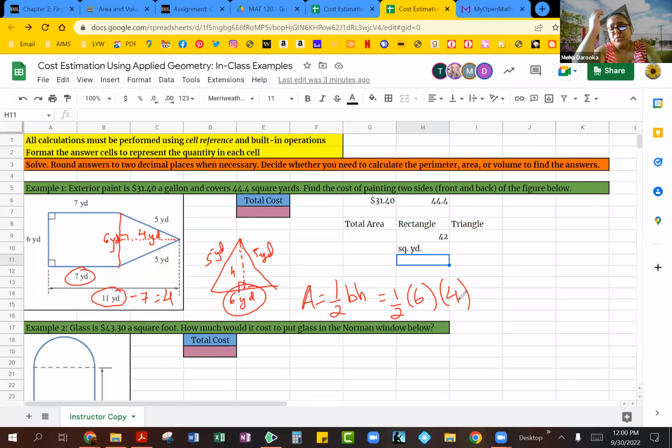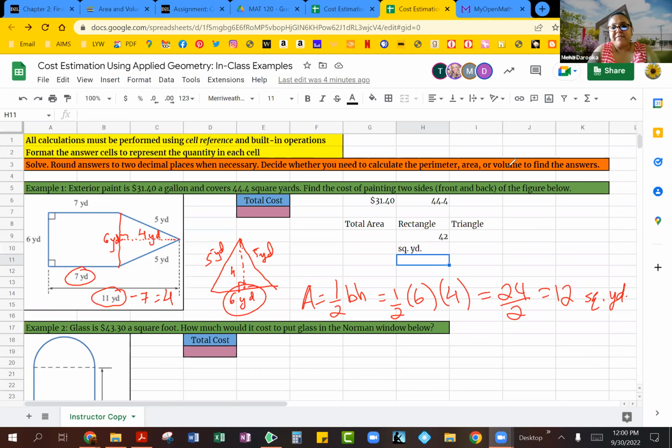So yeah, those of you who gave me the 6 times 4 divided by 2, you guys were definitely on the right path, because that would be 6 times 4 is 24, and then divide that by 2 will give you 12 square yards for the area of the triangle.